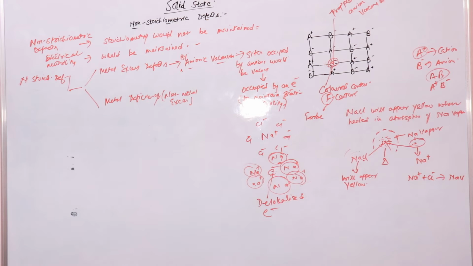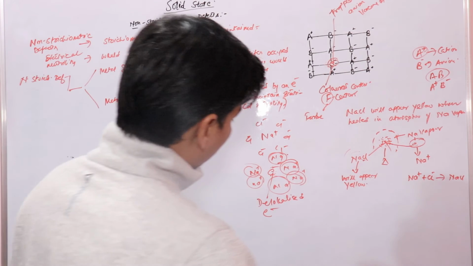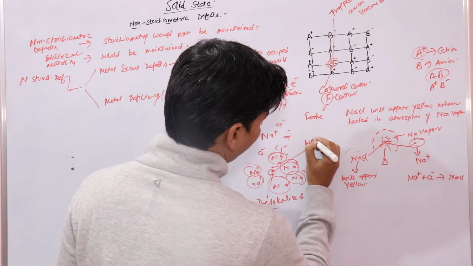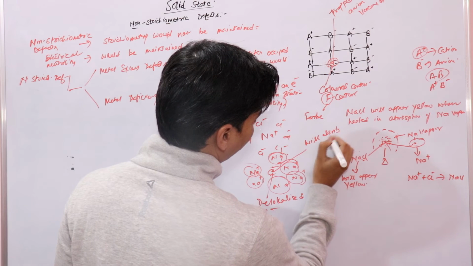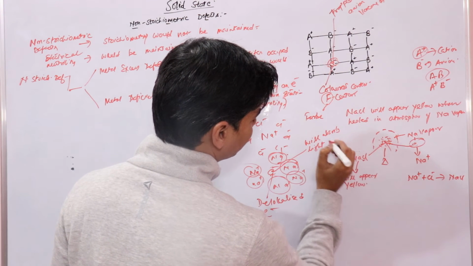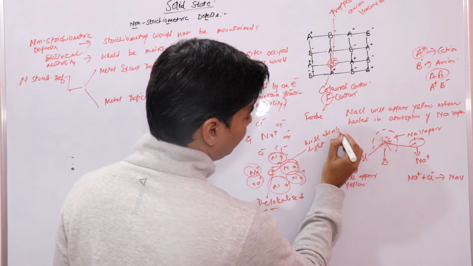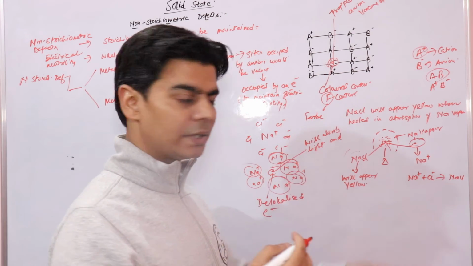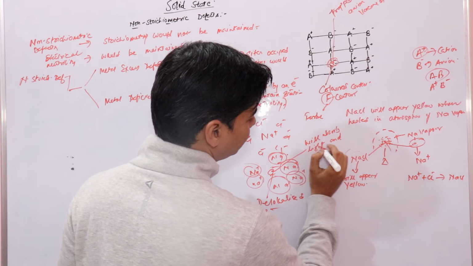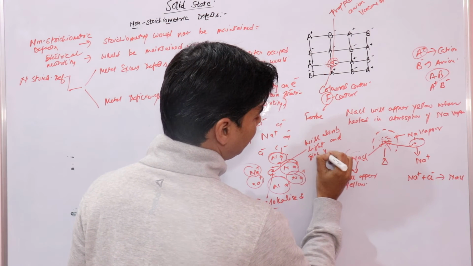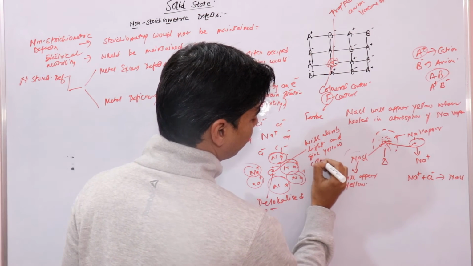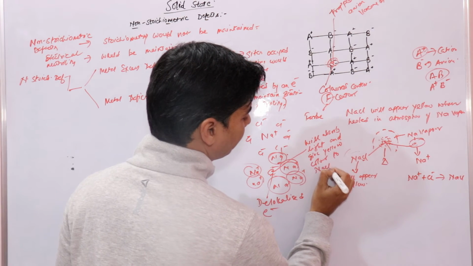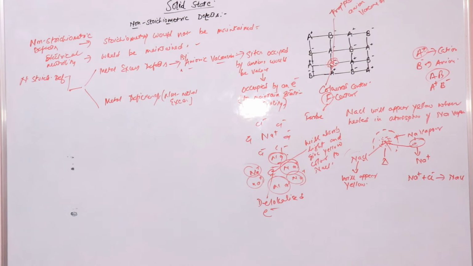The electrons absorb energy of white light, giving yellow color to sodium chloride. They absorb light, make a transition to higher energy levels, and give yellow color to NaCl.